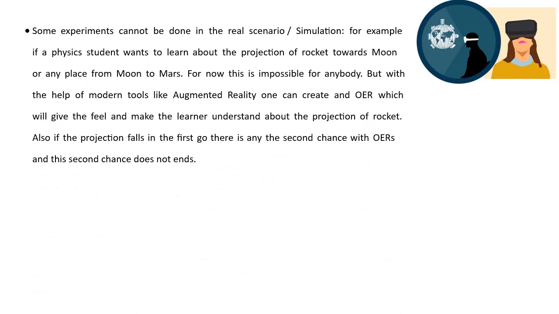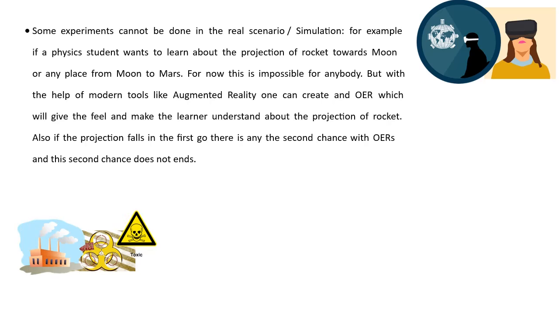Also, many times teachers tell the students to imagine certain experiments which cannot be done in a real scenario or even in a simulation form. Say, for example, if a physics student wants to learn about the projection of a rocket towards the moon, or from the moon to Mars. For anybody to actually show this is absolutely impossible.